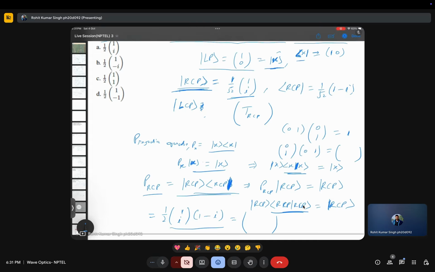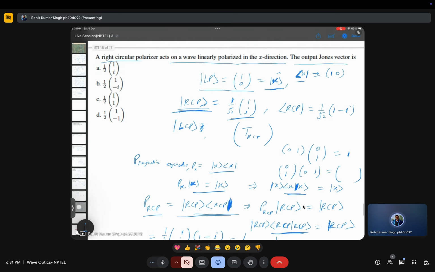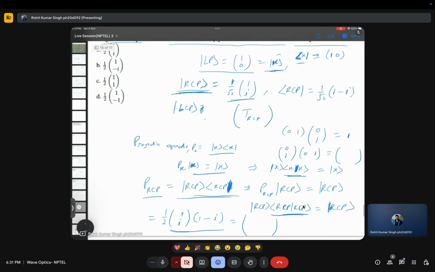Just keep that in mind. So this will give you the matrix which, when it acts on any state of polarization, gives out the right circularly polarized light.